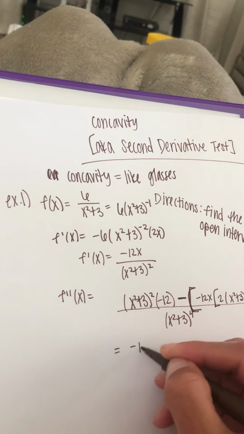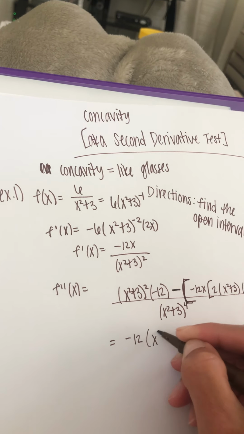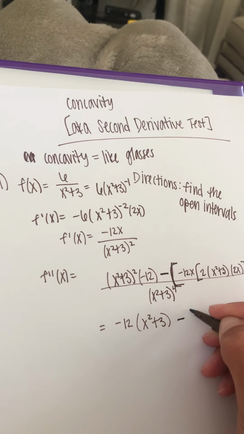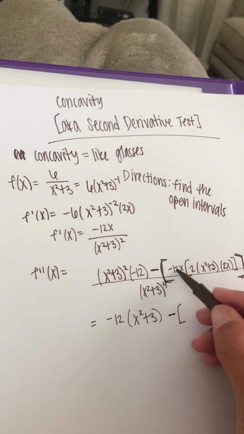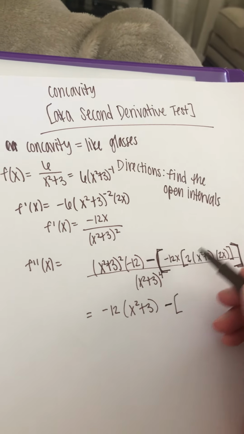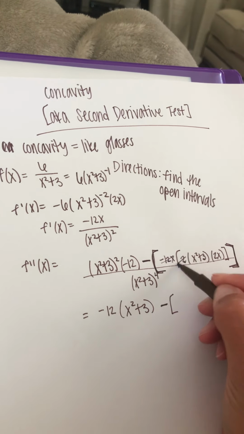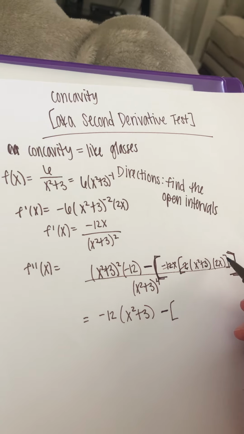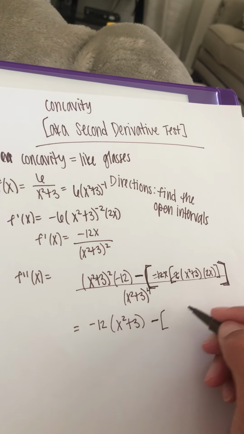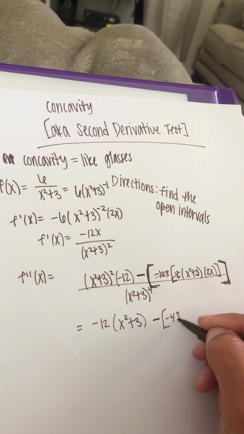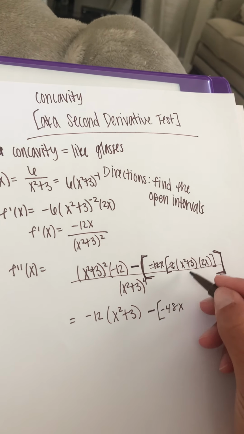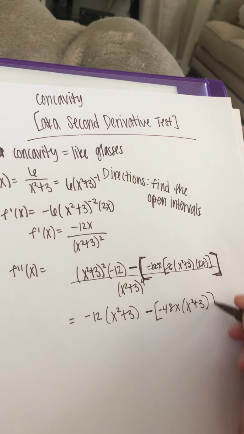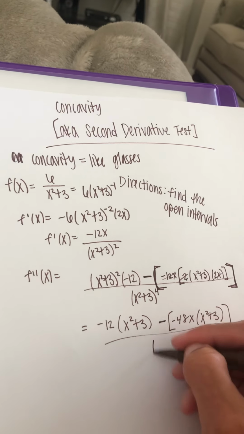So let's clean it up. We have negative 12 times (x squared plus 3) squared, minus, again I'm going to work on cleaning up, negative 12x times 2 is negative 24, times 2x is negative 48x, still all over the bottom.